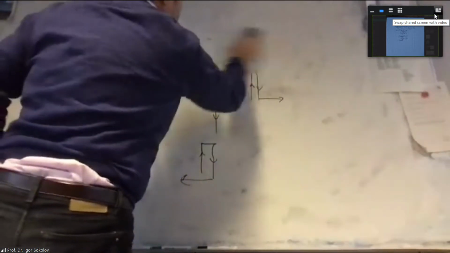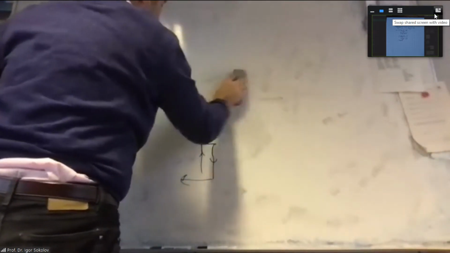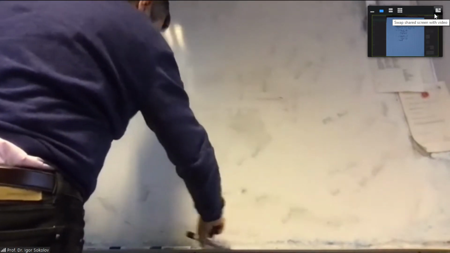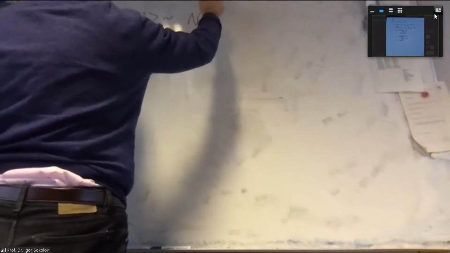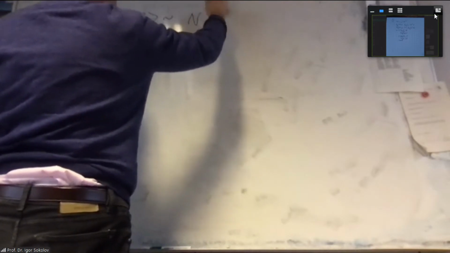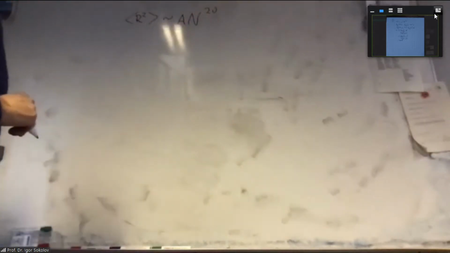First, let us calculate. So we are assuming, this is an assumption, that r squared goes as n to the power of 2 nu, which means A times n to the power of 2 nu.